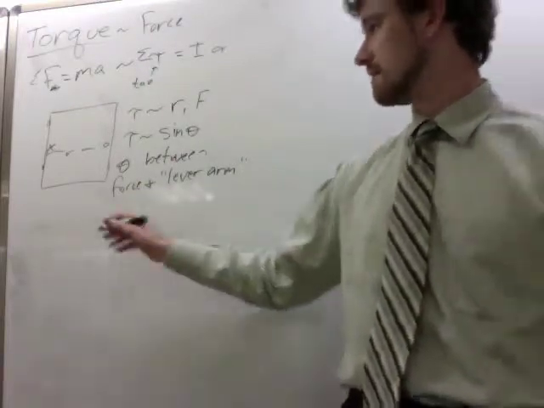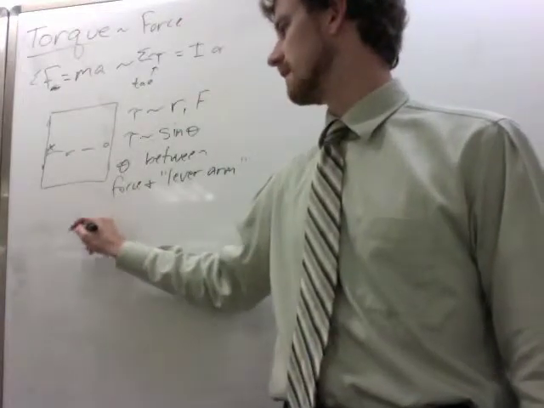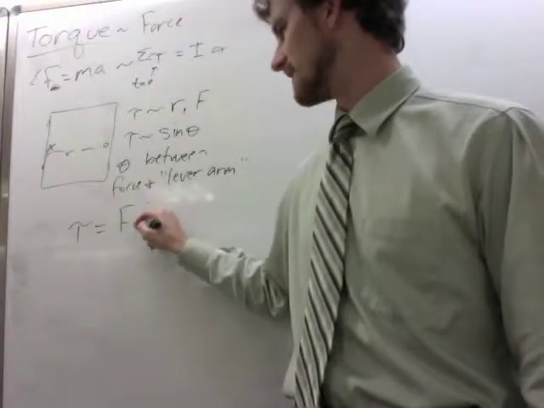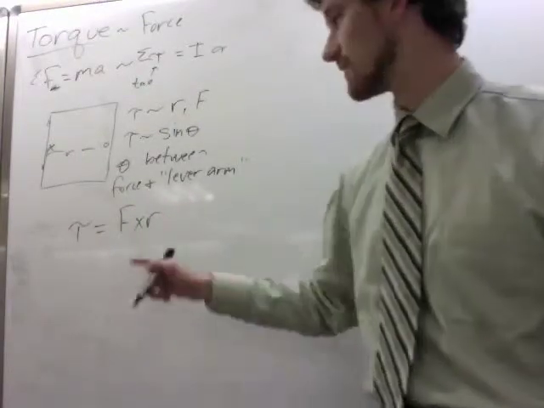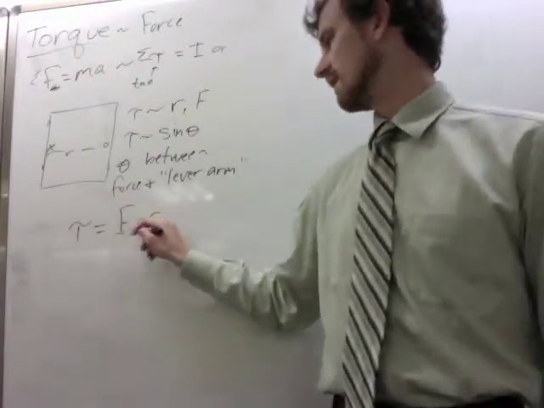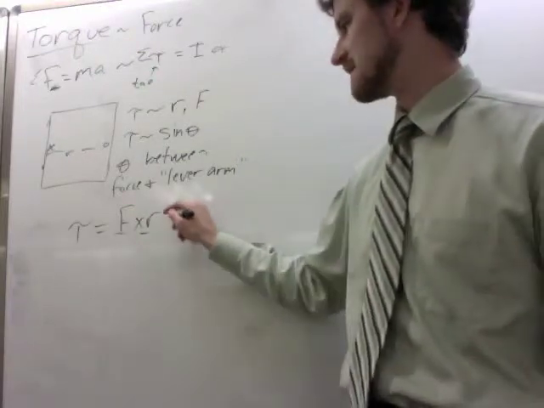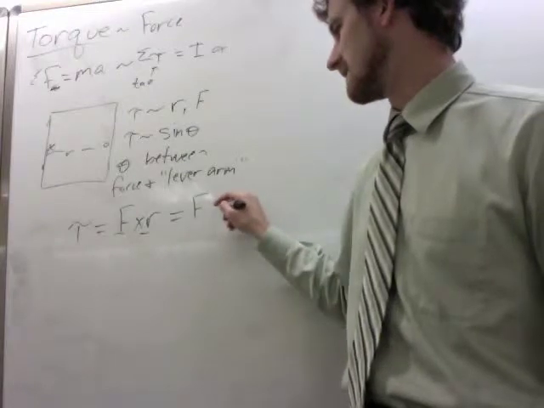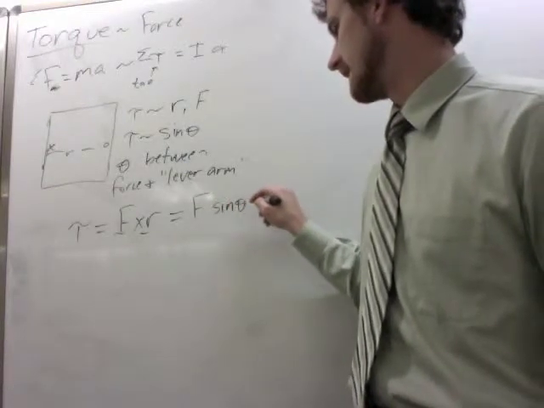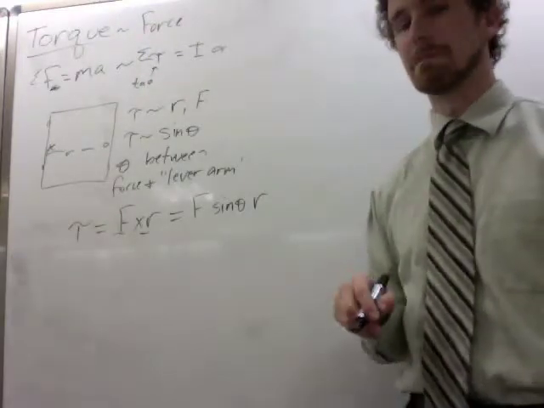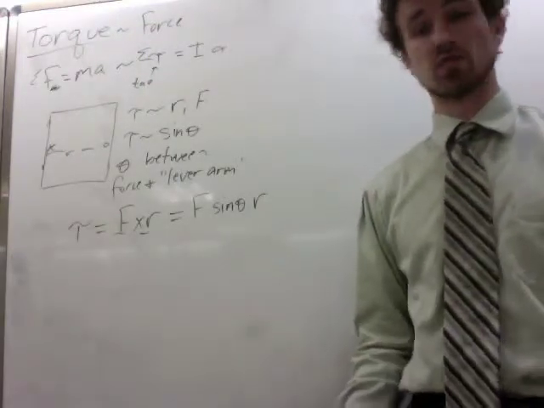So putting this relationship together, for those of you who know this, torque is equal to the cross product of force and radius, which if you've dealt with cross products, you know what that means. But what you need to know is that it's force times the sine of theta times the radius that will get you the magnitude. Torque also has a direction.